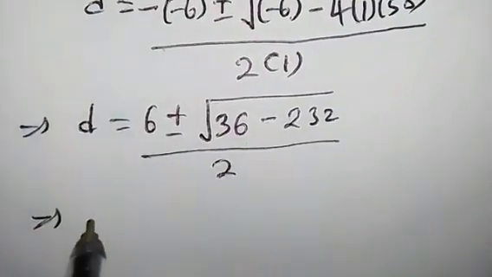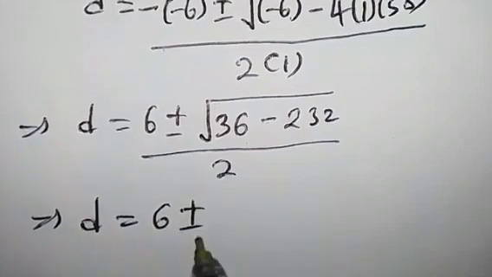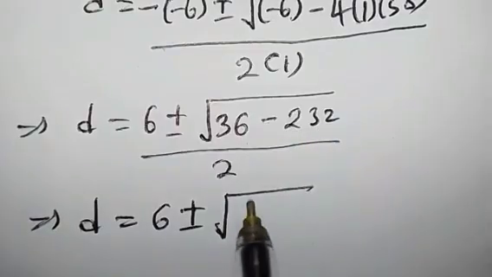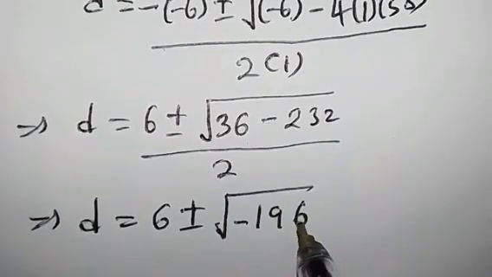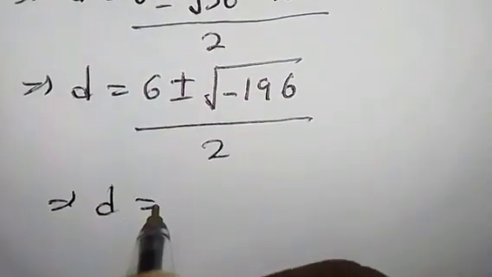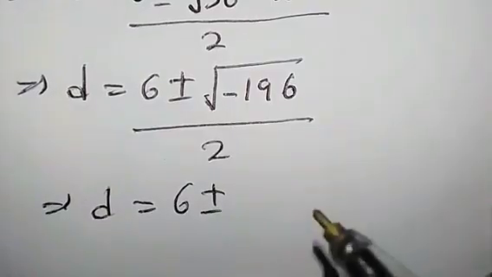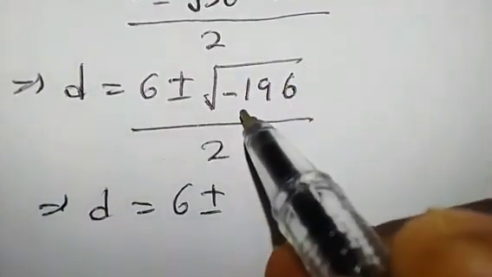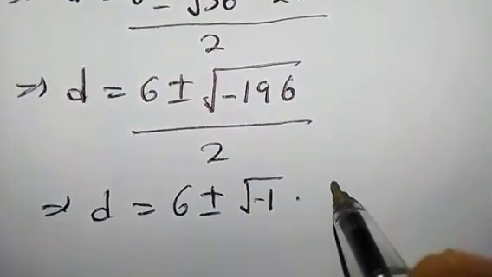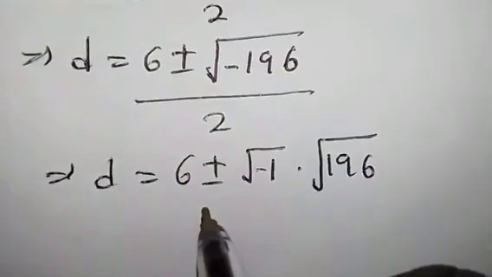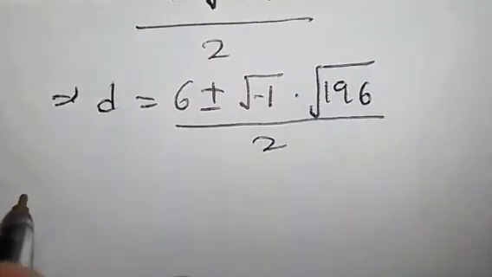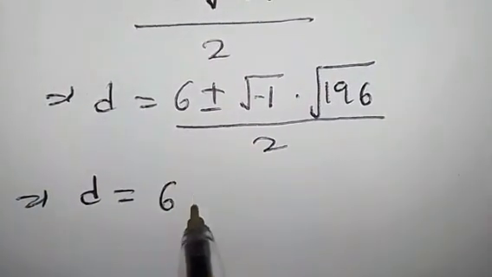Let's continue. We have d = 6 ± √(36 − 232), that is √(−196), all divided by 2. We can rewrite √(−196) as √(−1) × √196.